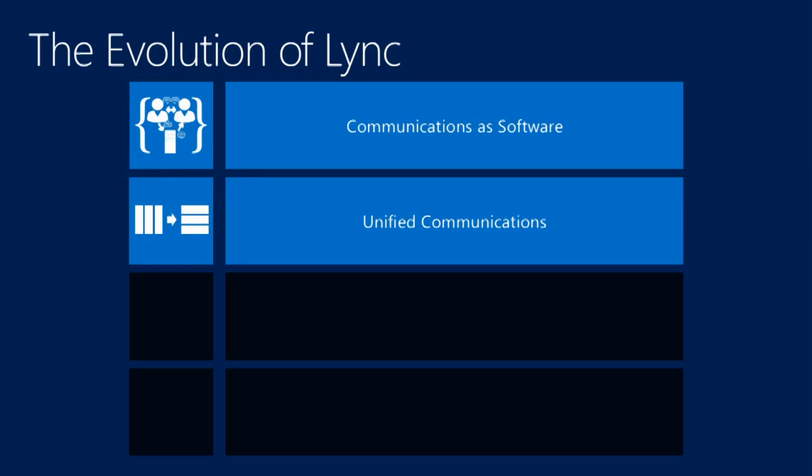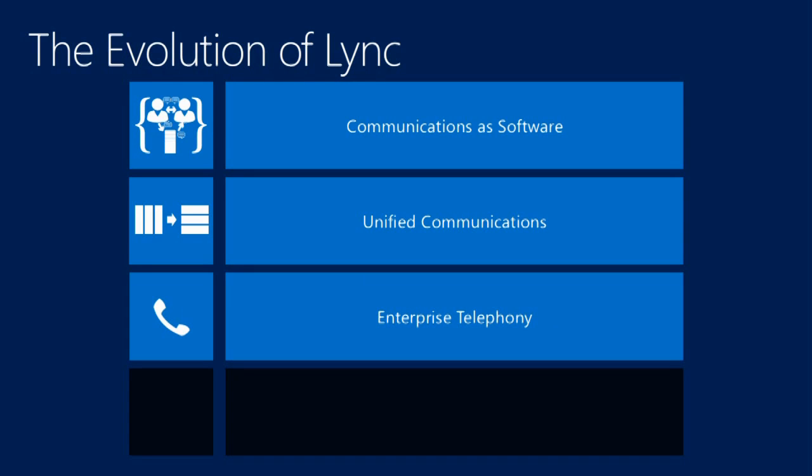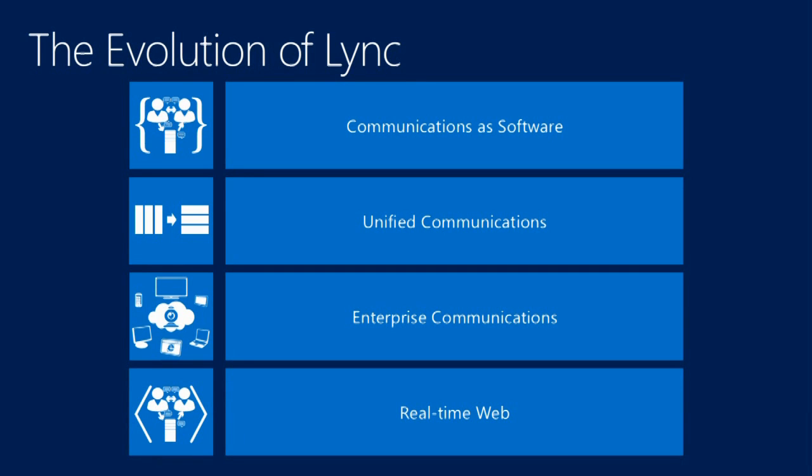Then we had Gurdeep say, okay, we need to build something that is horizontal, unified communications. And I told you in 2007 we came to the realization we need to build telephony features. And then we actually over-pivoted on that because we are not only a PBX, but we also can do video. There's a lot of video stuff and meeting stuff going on. And now we are entering into the stage about the real-time web.